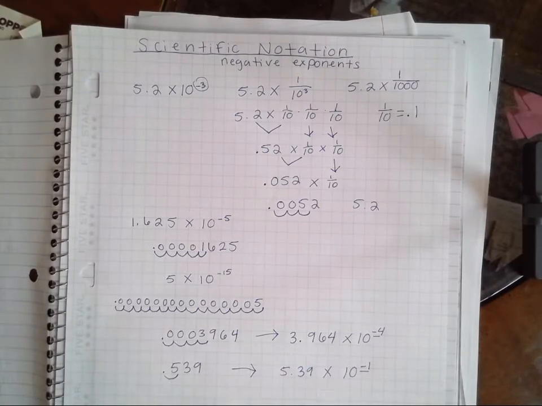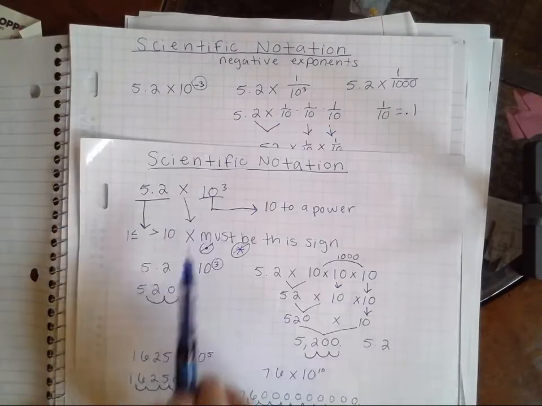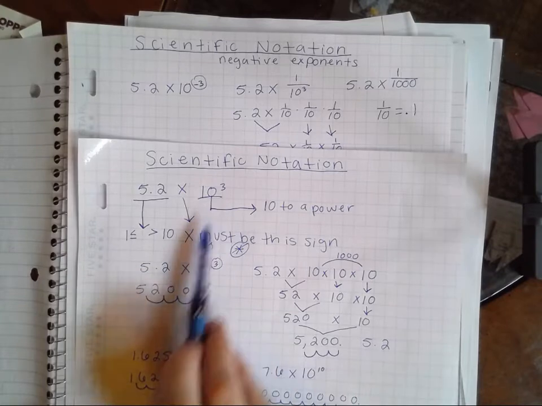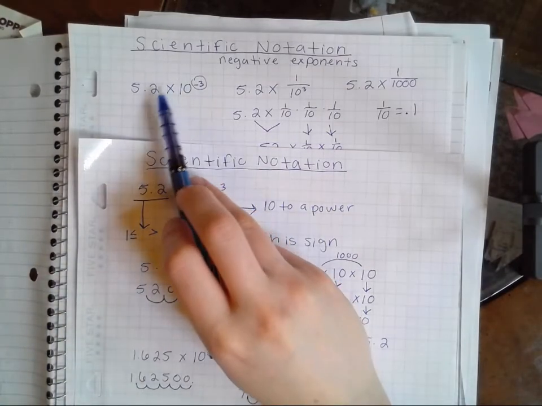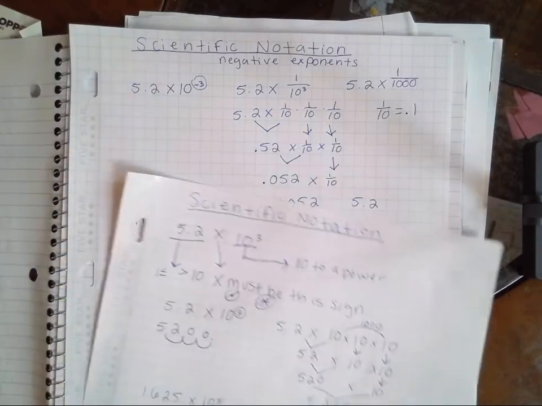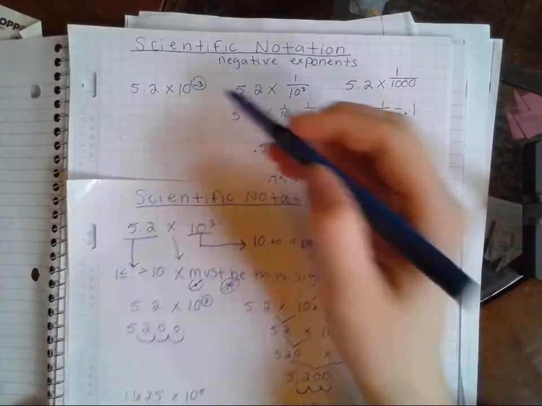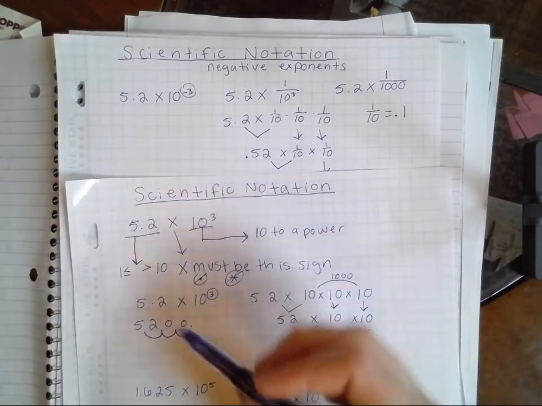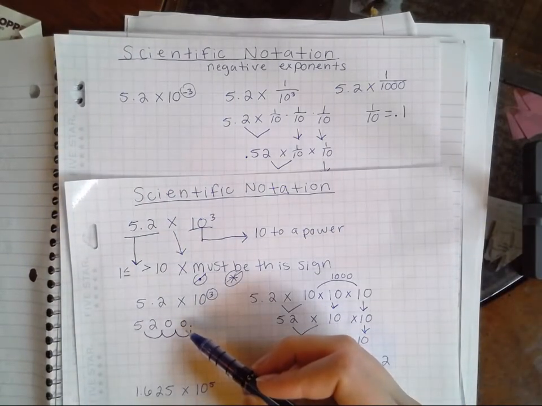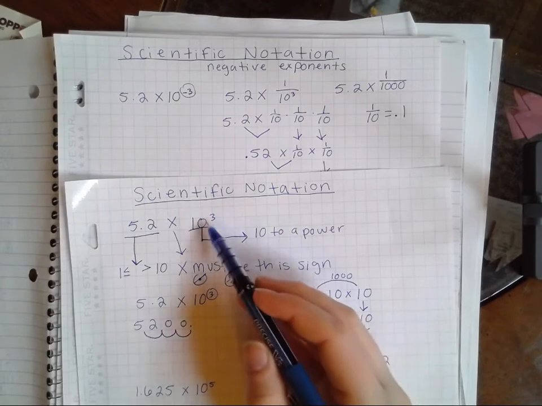If you see an exponent in your problem that's positive, you know that this number is going to be getting bigger. So 5.2 turned into this decimal with a negative exponent. 5.2 turned into 5,200 with a positive exponent.